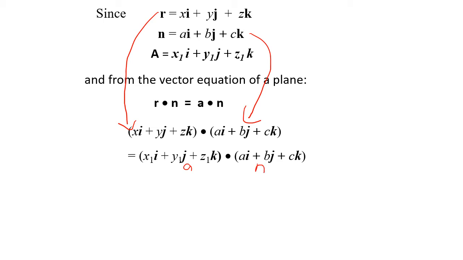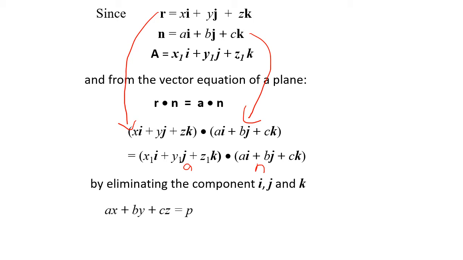So after we substitute, and do the operation of the dot product, we can eliminate i, j, and k, right? So it will be ax plus by plus cz equals p. So what is p?